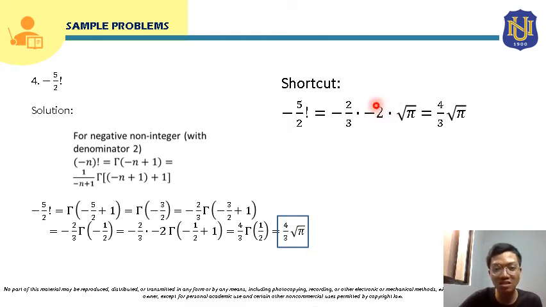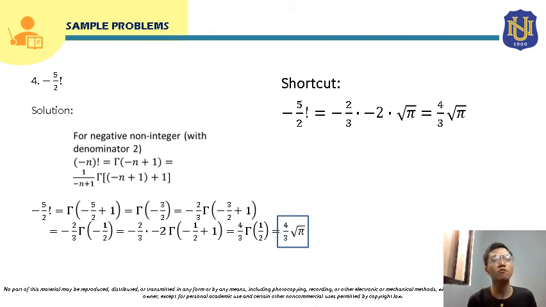Meaning to say we already reached what we need here. So we will just multiply that by square root of pi, and that will now become the answer. And that is 4/3 square root of pi. So that's our rule for this.